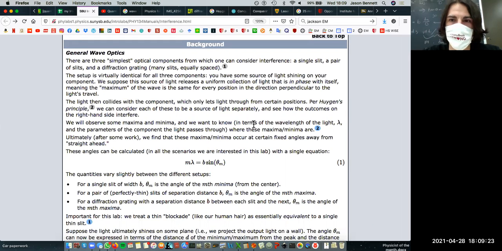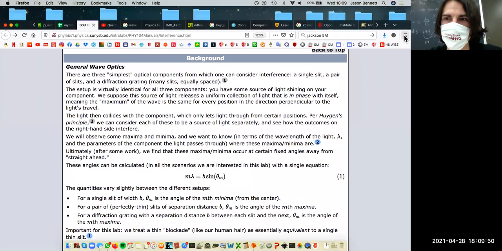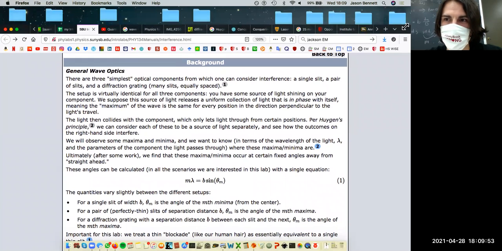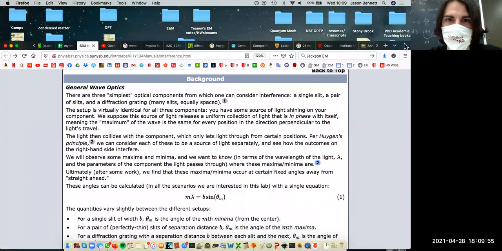I'm going to go chronologically because the background is quite scattered. I'll put the floating meeting controls up there so I can see if anyone puts anything in the chat. I felt I was being quite scattered on Monday when I went through this, so if any of this is super confusing, just tell me to pause and I'll go slowly or go through something a little bit more.